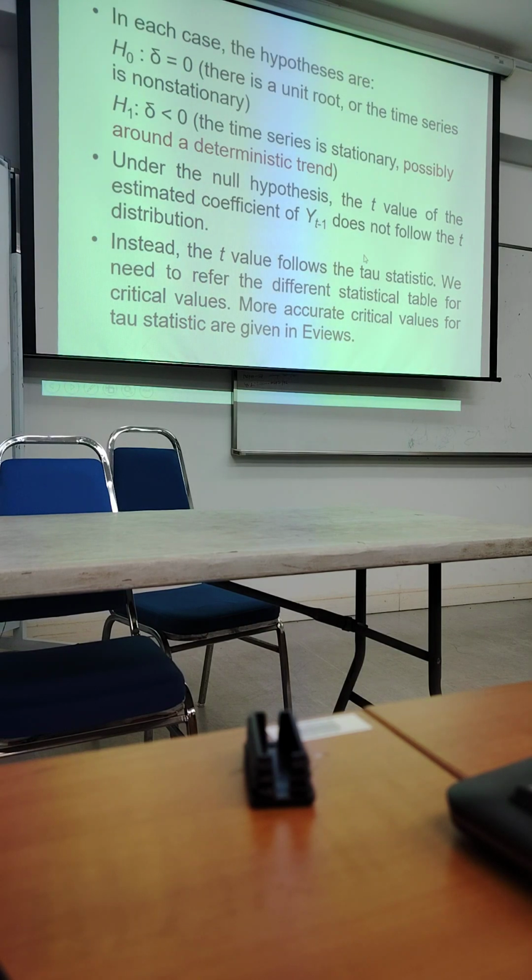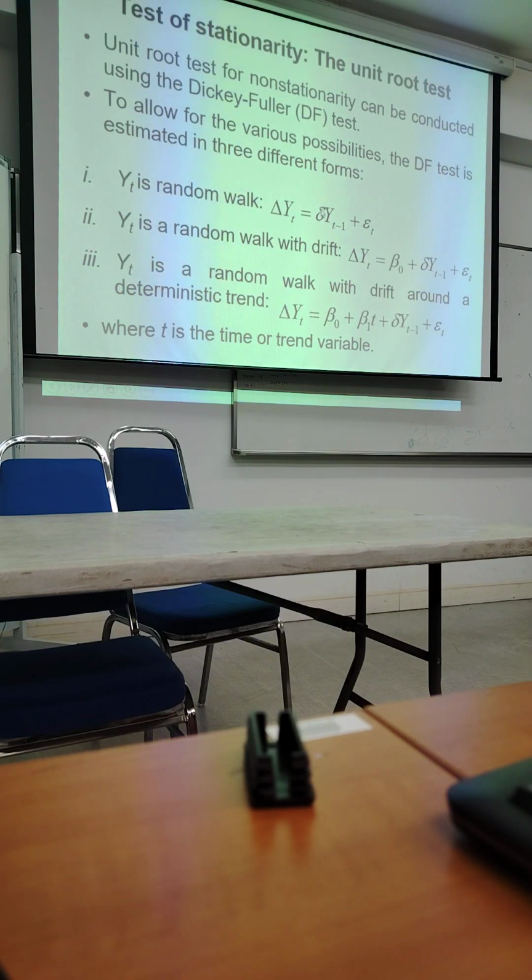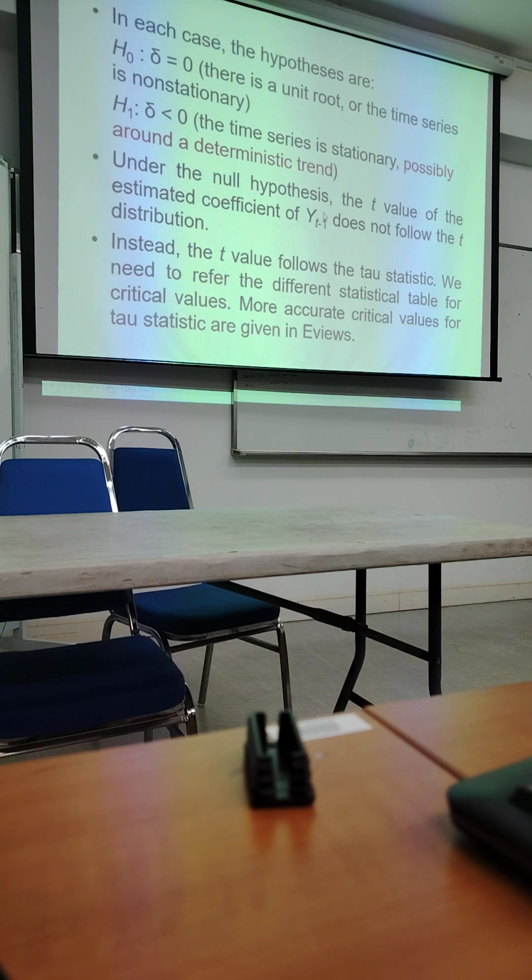Now, what is the hypothesis for this unit root test? The null hypothesis is that there is a unit root, against the alternative that the series is stationary. The null is that there is a unit root because this coefficient equals 0. If we fail to reject, it means there is a unit root. Against the alternative, the series is stationary, meaning no unit root.